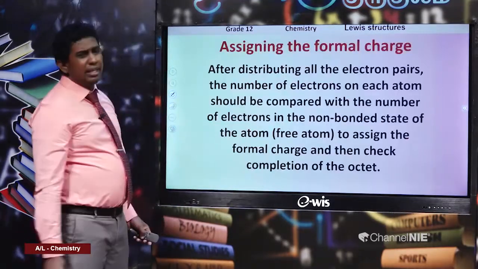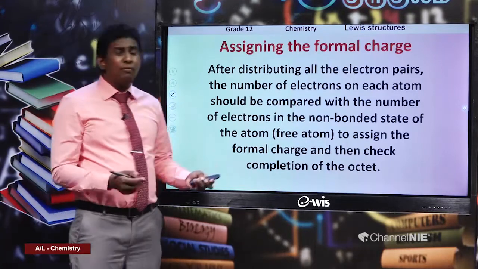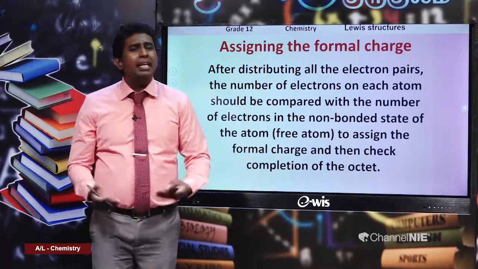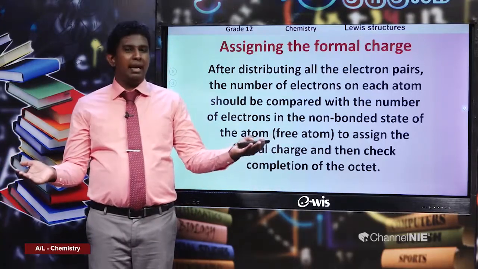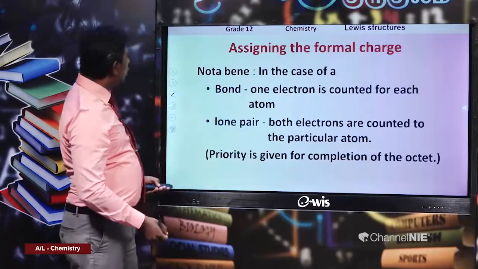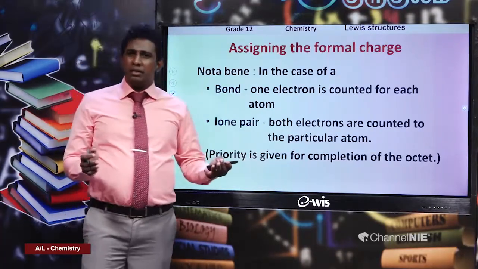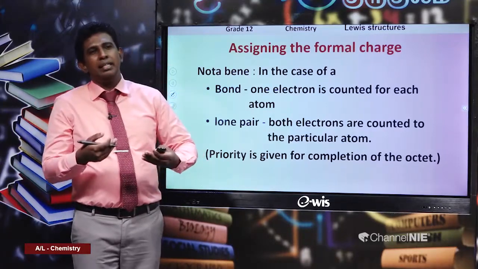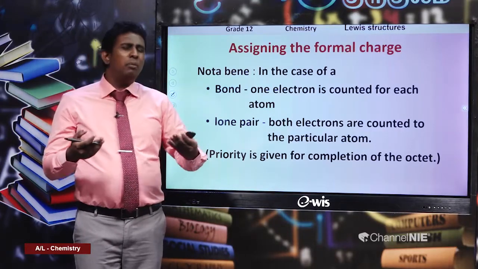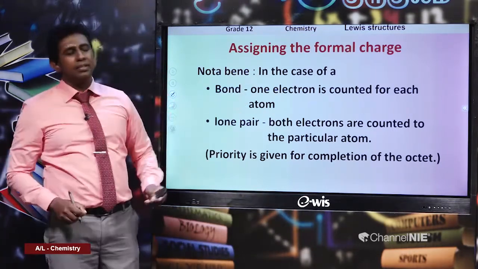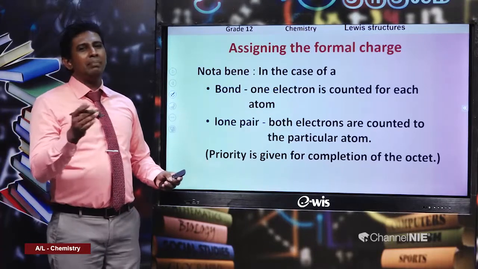Then students, we assign the formal charge based on the electron amount the atom came with, and the electron amount you now see after placing those electron pairs. So if it's a bond, when we count the number of electrons it's now having, you count it as 1. A bond is a sharing of electrons, therefore it's 1 electron given by that atom.